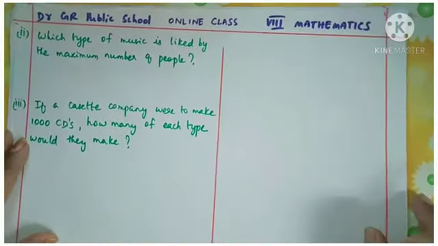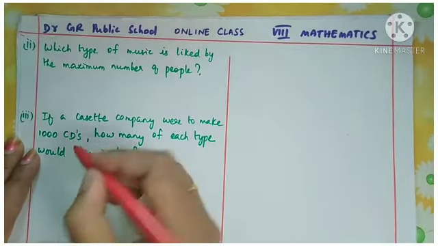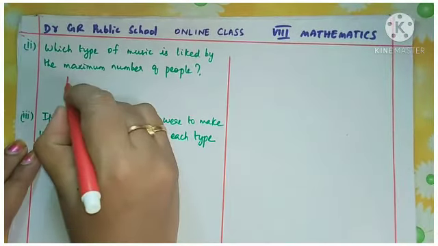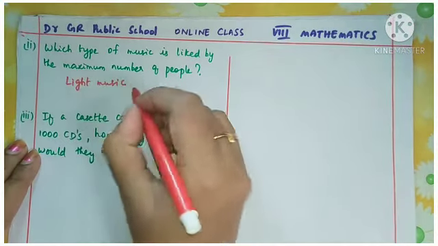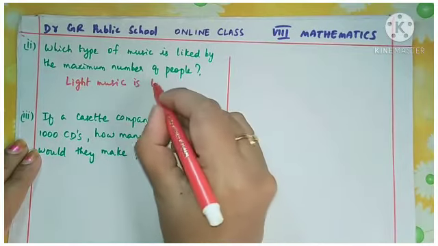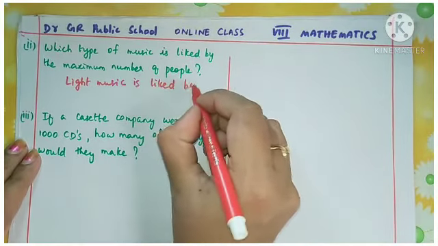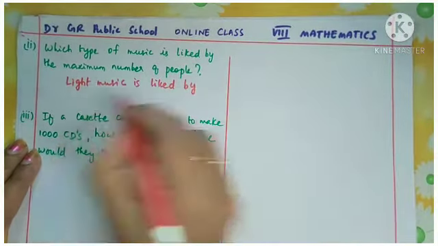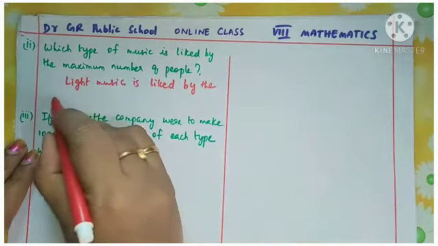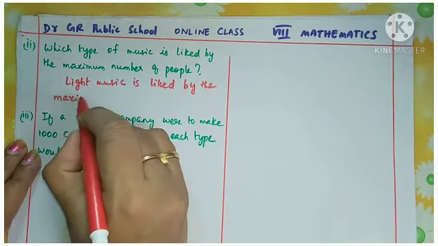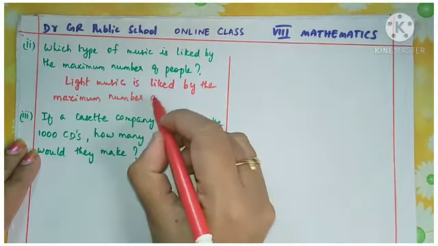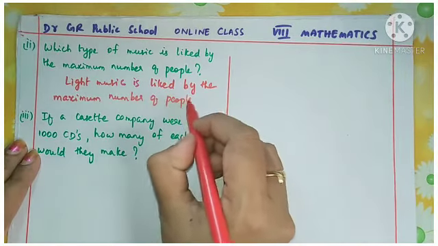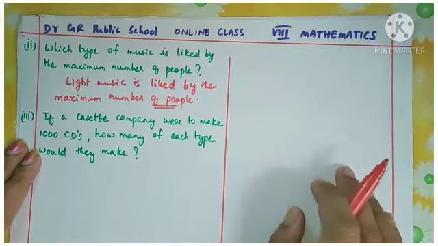So that is your second answer. How to write that? Light music is liked by the maximum number of people.